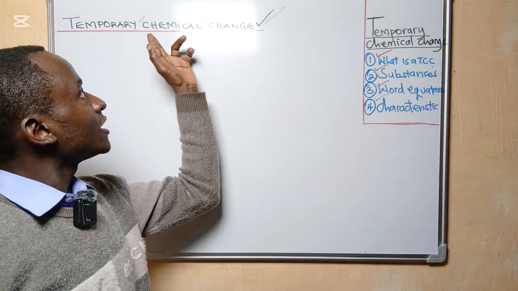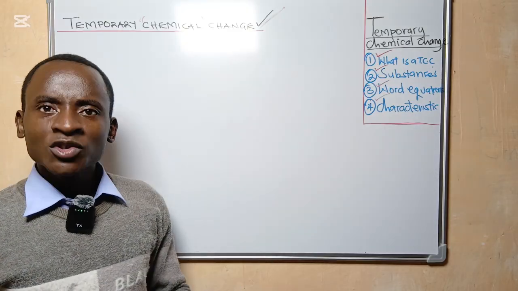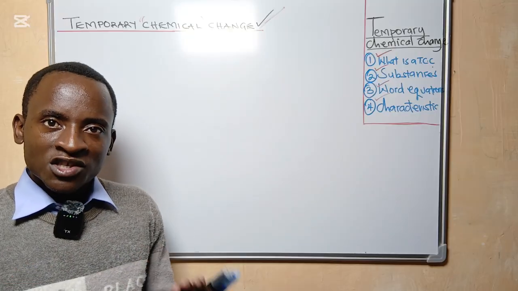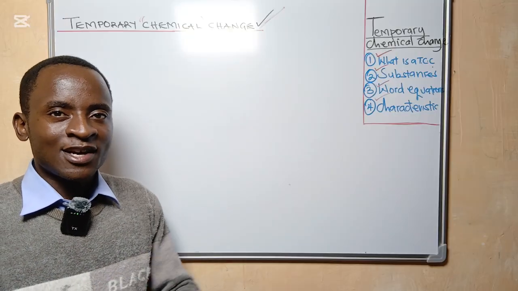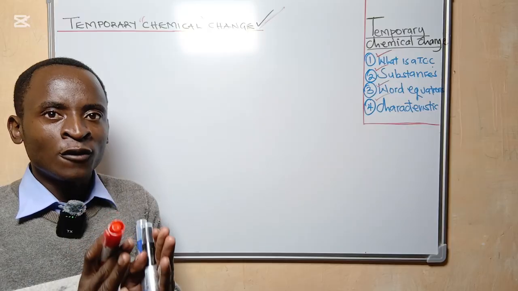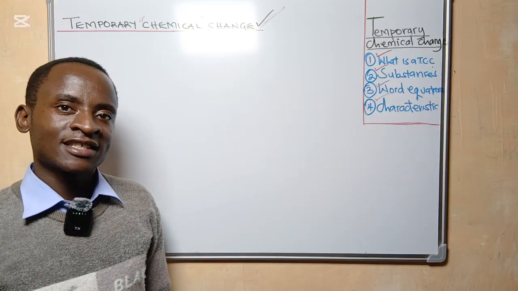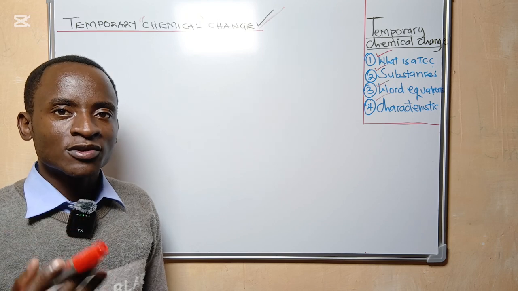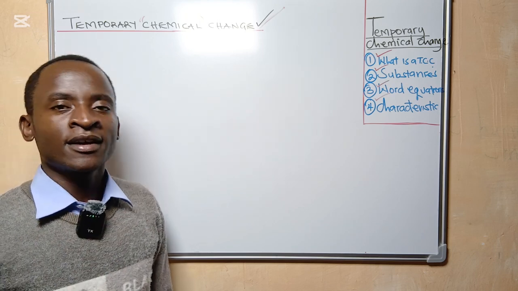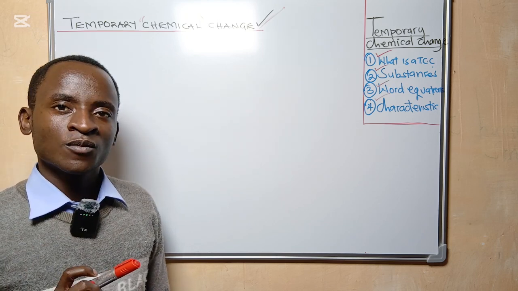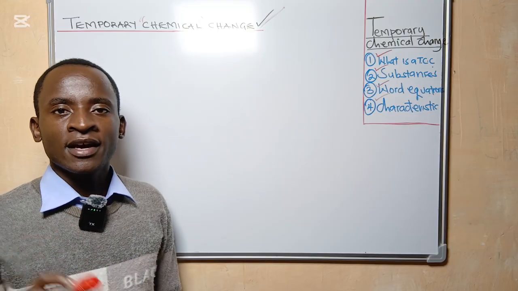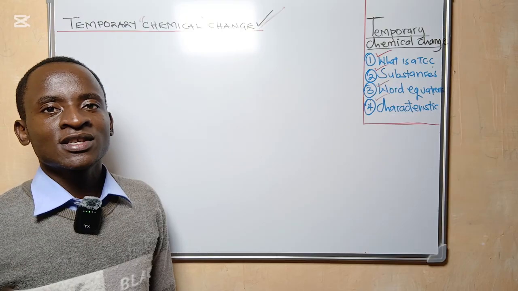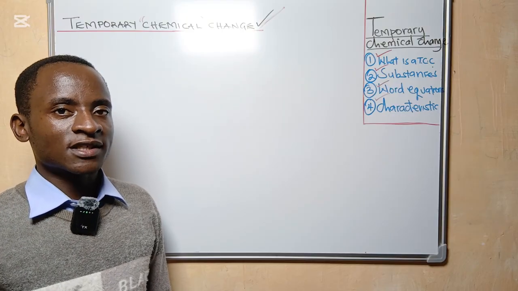The key word here is chemical. What do we mean by a temporary chemical change? This is a type of change that interferes with the chemical composition of a substance. Remember, in a temporary physical change, the change does not interfere with the chemical composition of a substance.